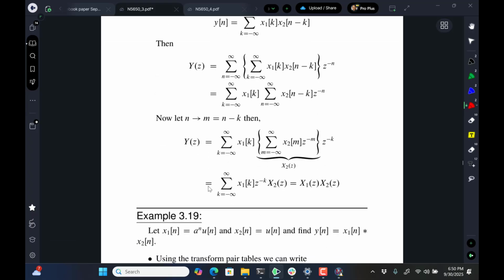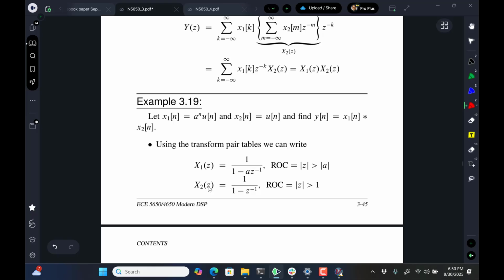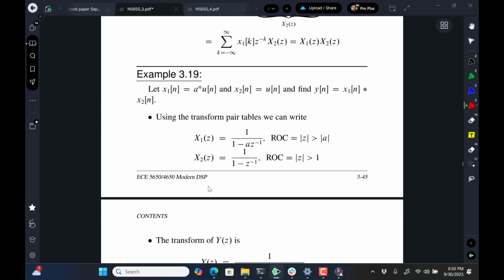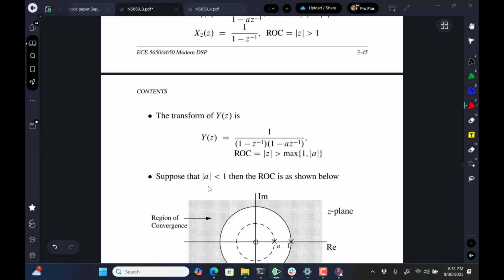So here's a neat example, kind of taking us back to the beginning of the class almost. This is an example that showed up in those supplemental notes where I had a unit step convolved with an a to the n u of n. So we just multiply those two together, use partial fraction expansion on it, and we get that convolution computed right down here.